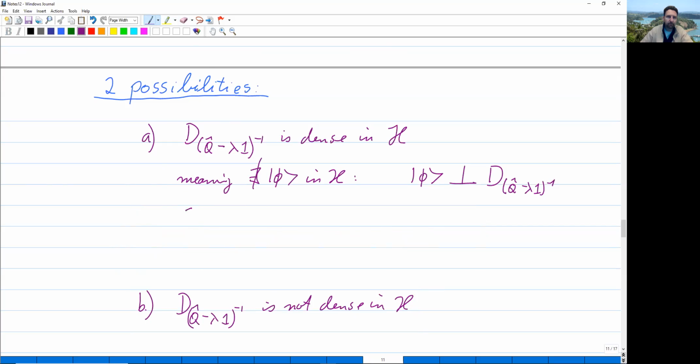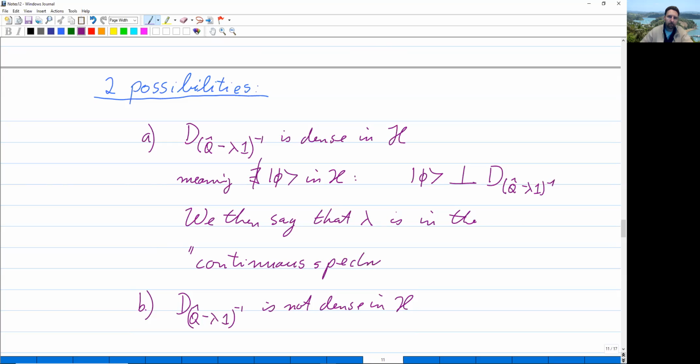We then say that lambda is in the continuous spectrum, or continuous part of the spectrum, of Q hat.